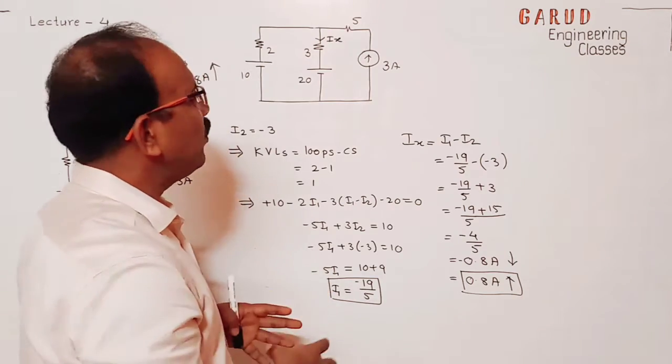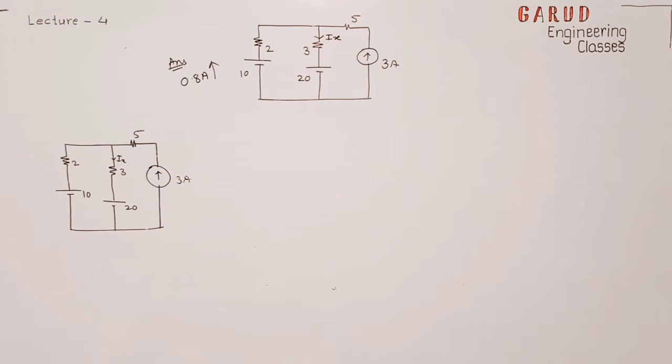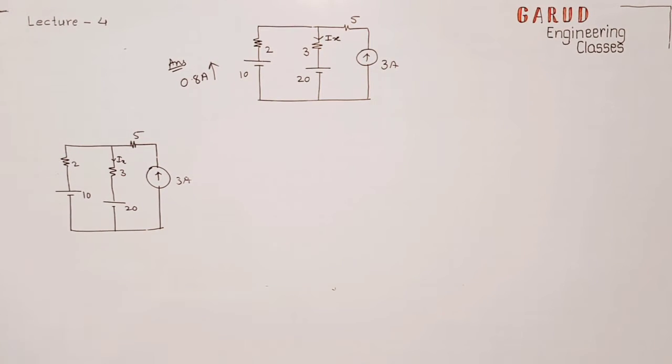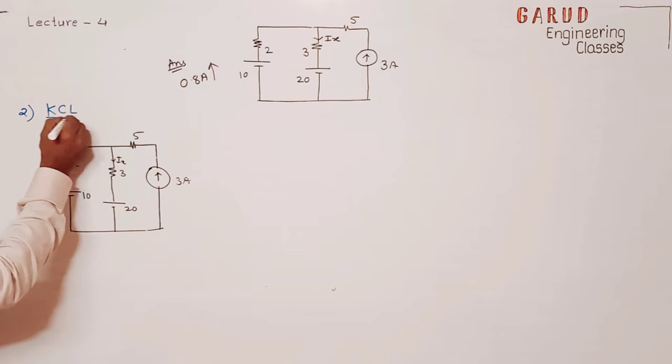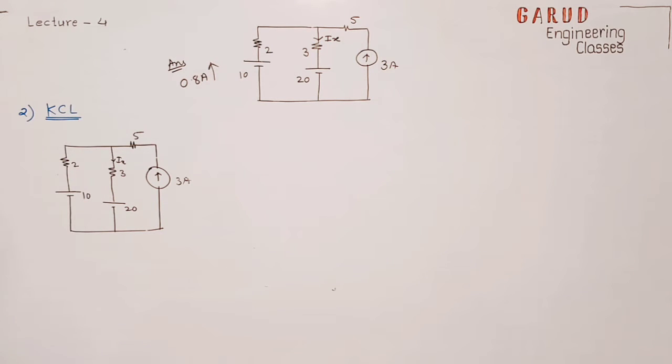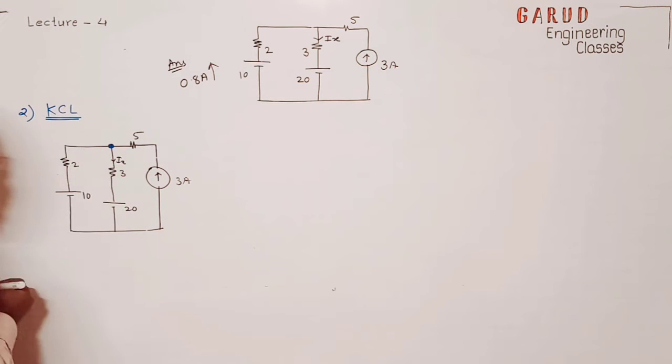Now the same problem we will solve using KCL, Kirchhoff's current law. Rule number 1 for KCL: find how many nodes. There are 2 nodes.